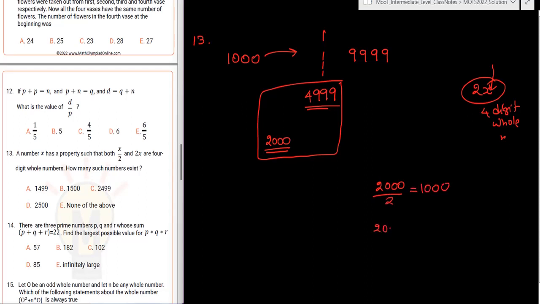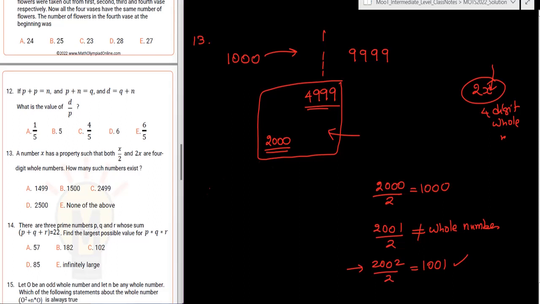If you take 2001 and divide by 2, that is not going to give you a whole number. That's going to give you a fraction. But if you take 2002 and divide by 2, you're going to get 1001. Yes, that is still a 4-digit whole number. That means all even numbers from 2000 all the way to 4999, they are the answers. They are the numbers which have the property that if you divide by 2, as well as if you multiply by 2, they will still give you a 4-digit whole number.